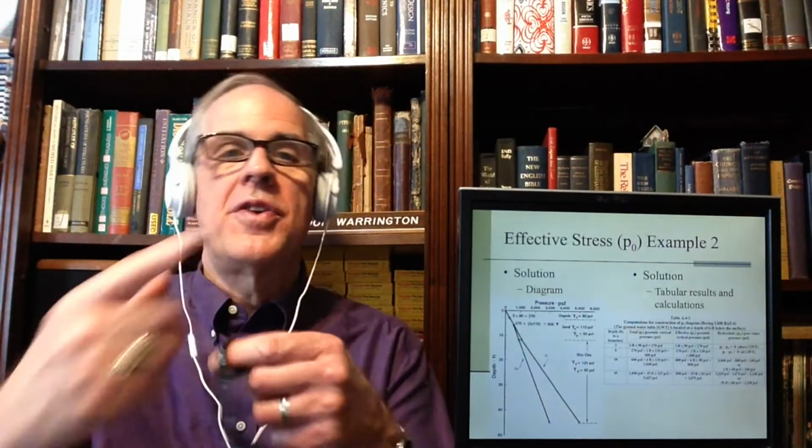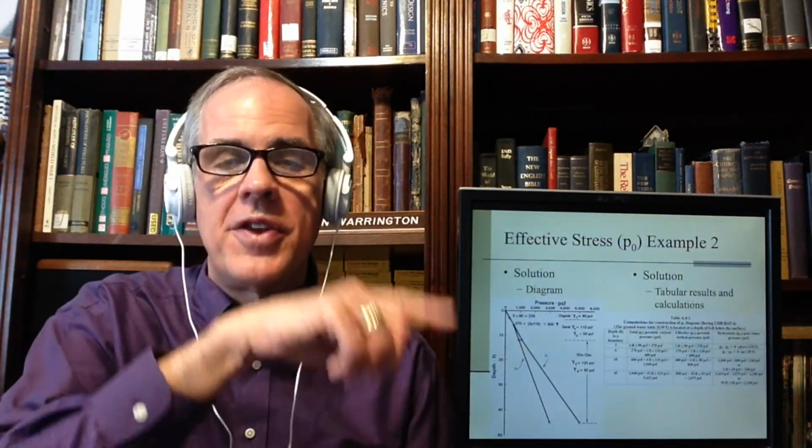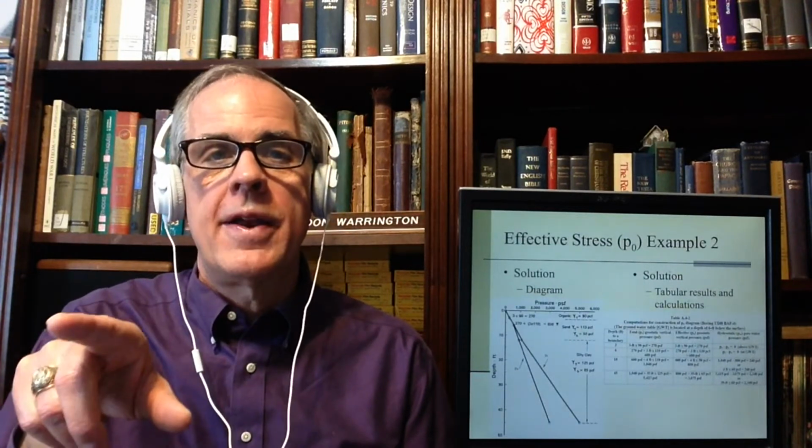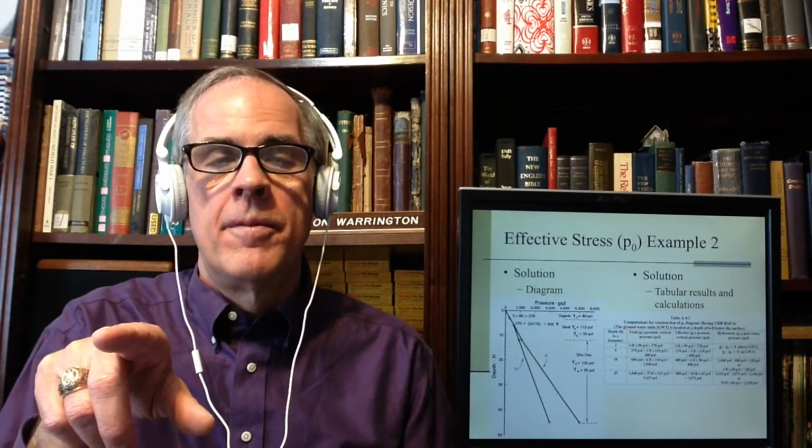And then for the hydrostatic pore water pressure, they do something really interesting. I say that total stress minus pore water pressure equals effective stress. In their case, they rearrange the equation and say that U, the pore water pressure, is equal to total stress minus effective stress.